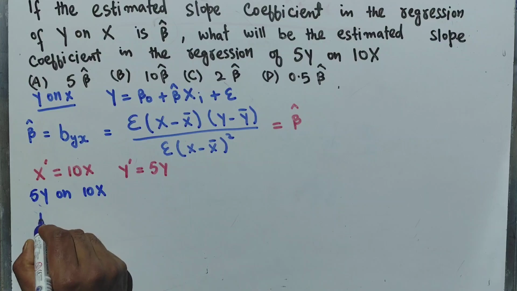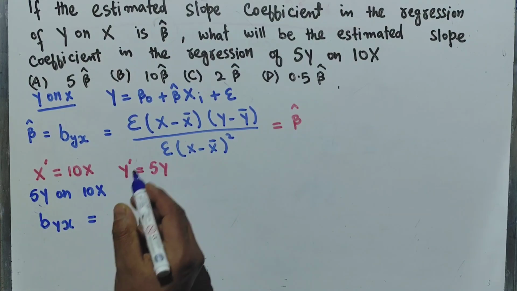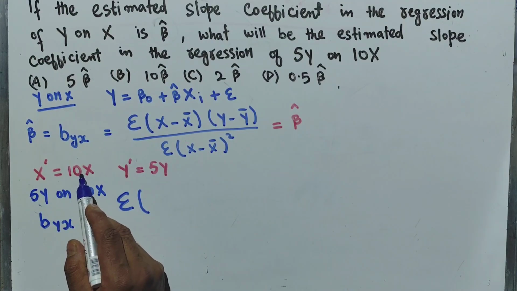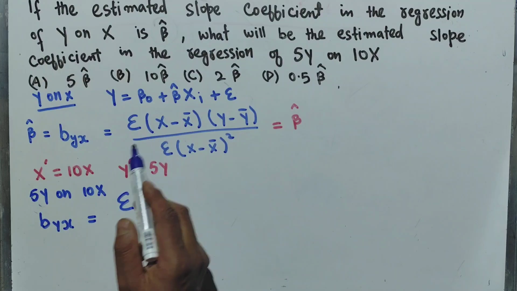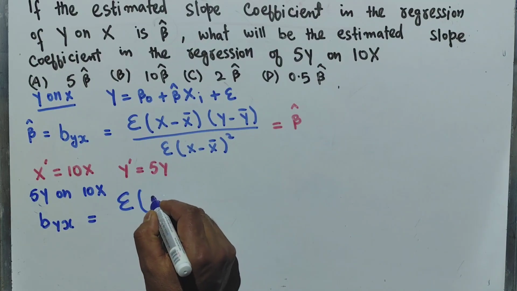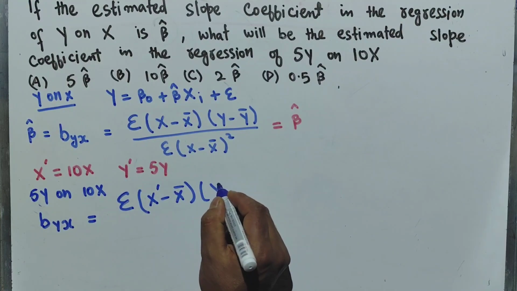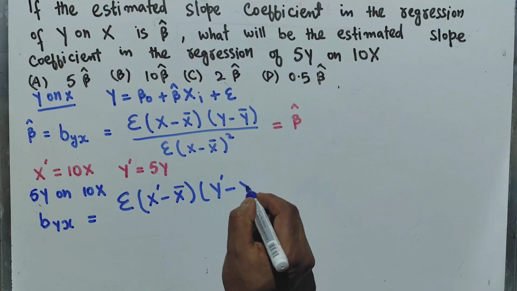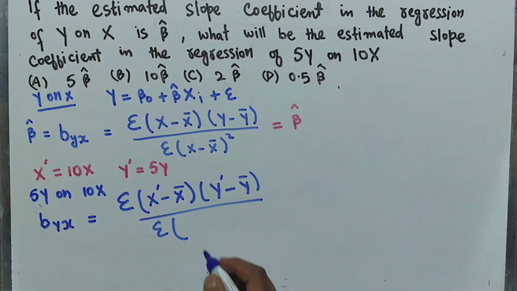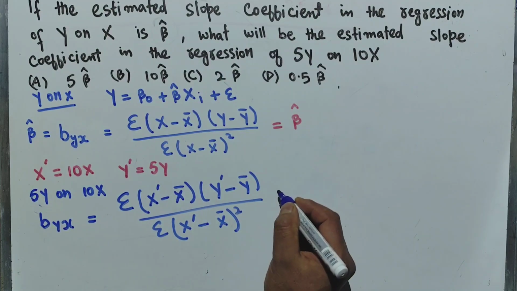So again, b_yx will be equal to, using this equation, the summation of, in place of x this time we have 10x. So can I write it first like this: (x prime minus x bar) times (y prime minus y bar) divided by the summation of (x prime minus x bar) whole square.